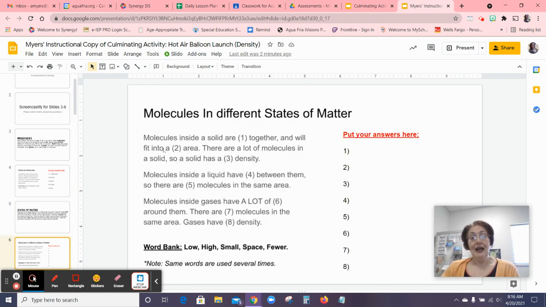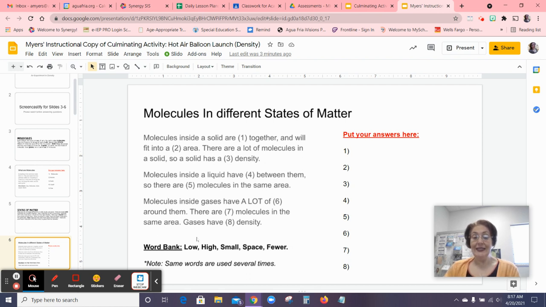Molecules inside a solid are blank together, and will fit into a blank area. There are a lot of molecules in a solid, so a solid has a blank density. Molecules inside a liquid have blank between them, so there are blank molecules in the same area.